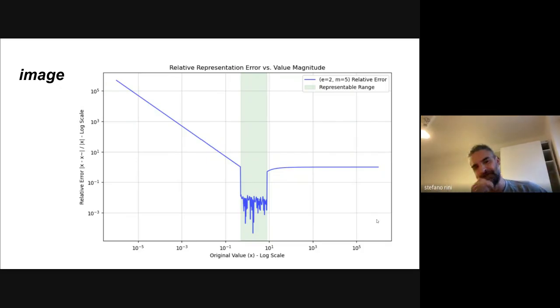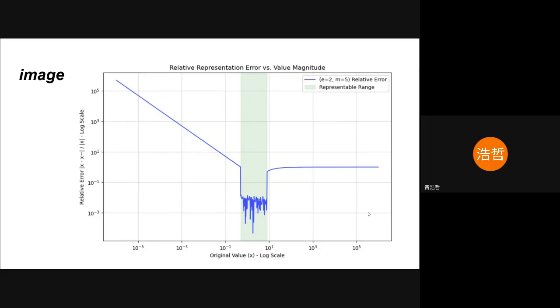Okay. Go ahead. Okay. If you see this picture, you can see the green bar here. This is the range we got, 0.5 to 7.875. In this range, the relative error is quite low, but if you are out of this range, the relative error will start to grow.